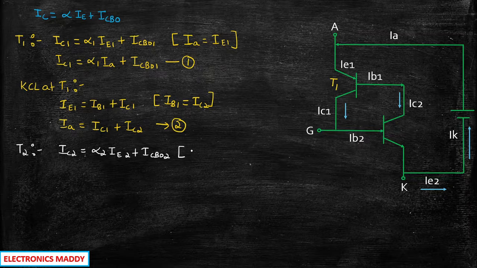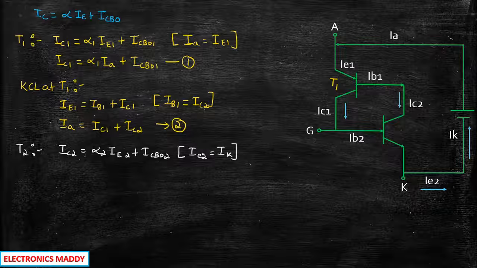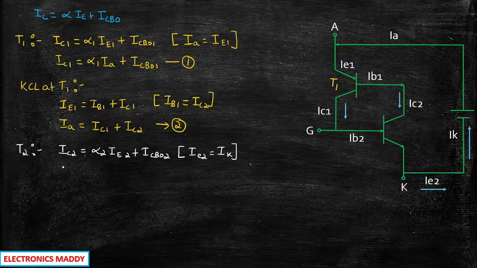But from the figure, can we write IE2 is equal to IK? Because it is the same current that is flowing through this path, isn't it? So we will be writing IE2 is equal to IK. Now what we will be doing is substituting the value of IE2 in this particular equation. So we will arrive at IC2 is equal to alpha 2 into IK plus ICBO2.